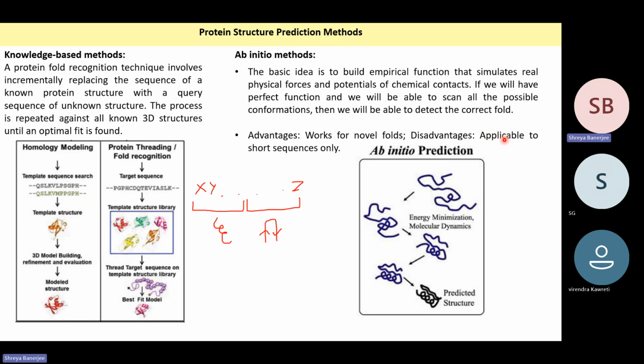The disadvantage is that computationally it can only be applied to short sequences. Otherwise, it becomes too complex for the computer to handle. So that is the ab initio method, where starting from a completely unfolded sequence, by using energy minimization and molecular dynamics, you can reach the predicted lowest energy structure.